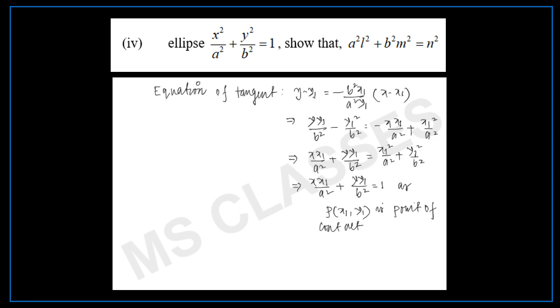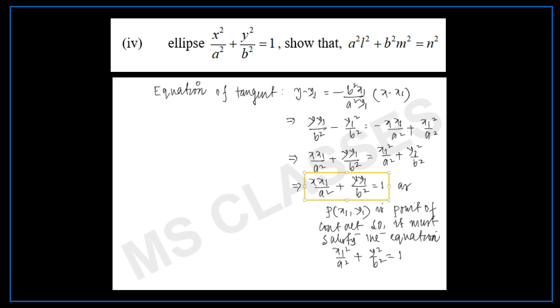So it must satisfy the equation of the ellipse: x1 square by a square plus y1 square by b square equal to 1. And we have got the equation of tangent.